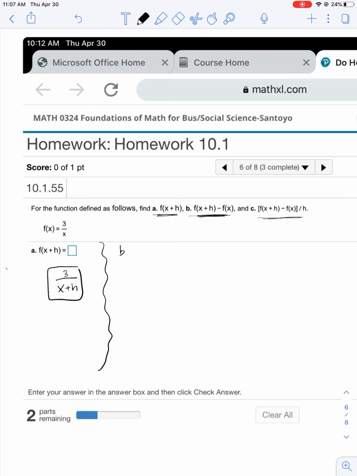Part B, we want f of x plus h minus f of x. And just like before, we already did this part. This part was that answer. So all we have to do is rewrite it.